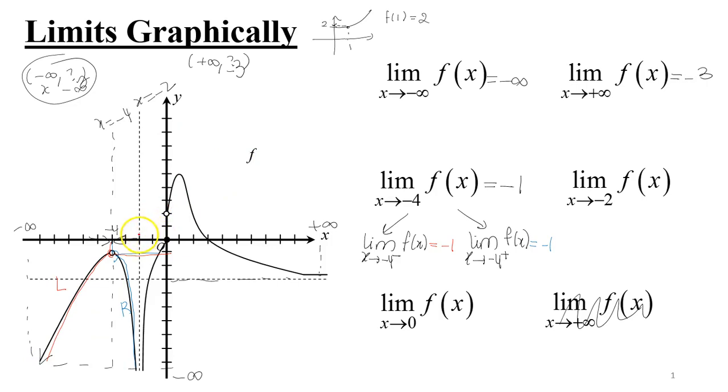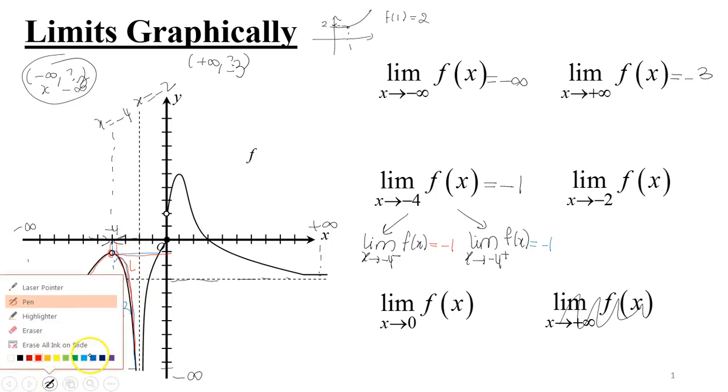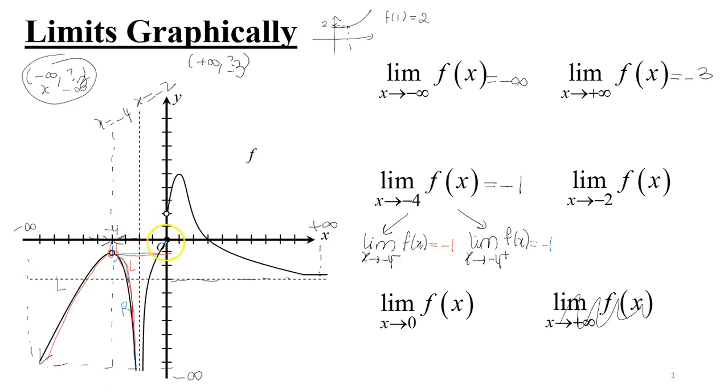Again, using red for left, at x equals -2 this is the part of the curve to the left of -2. Now, the part that was to the right of -4 is now to the left of -2. And similarly, we have this part to the right of -2.